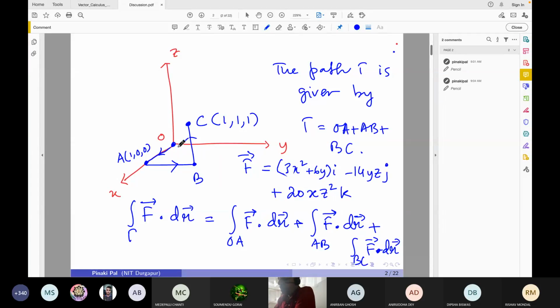Now on OA we are moving on the x-axis, and there the coordinates of y and z are not changing. So therefore dy and dz are equal to 0.